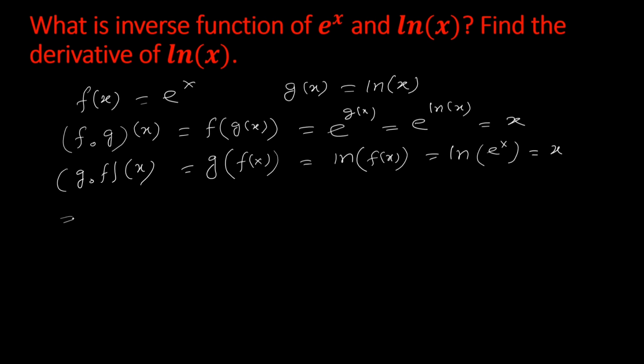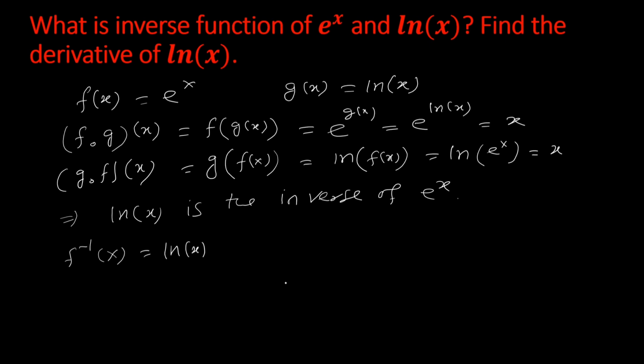So this implies ln x is the inverse of e to the power x. So we can write f inverse x is ln x. Now to find the derivative of ln x, we have d dx of ln x, which is equal to 1 over f dash of ln x.